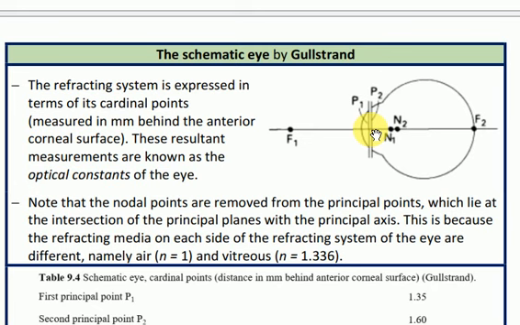This is because the refracting media on each side of the refracting system of the eye are different, namely air, with refractive index 1, and the vitreous, 1.336. The nodal points straddle the posterior pole of the crystalline lens.